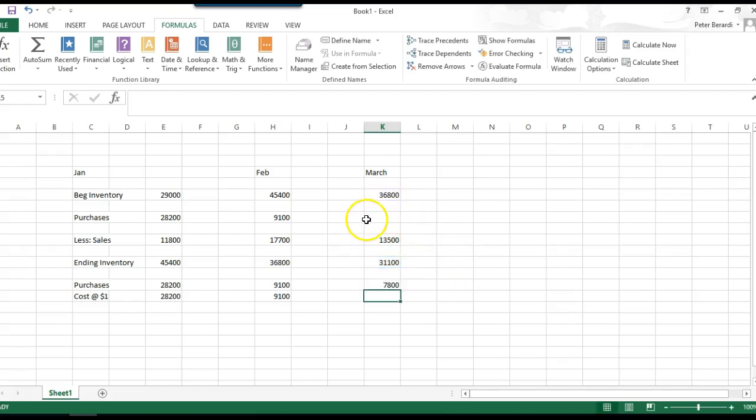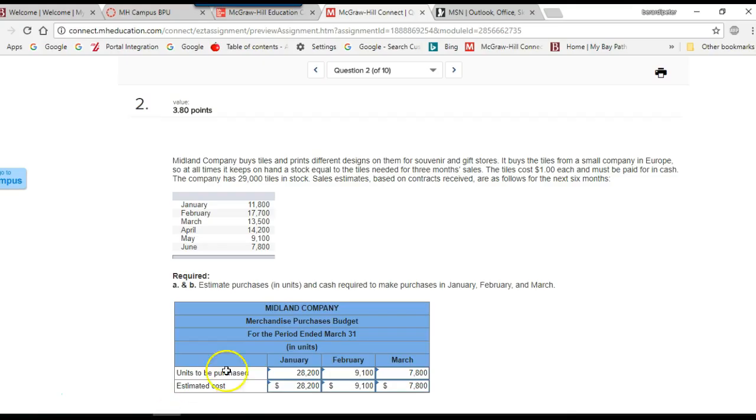Purchases will be 7,800. At $1 is 7,800. And there's your schedule. And that's how you approach the second problem on Midland Company.